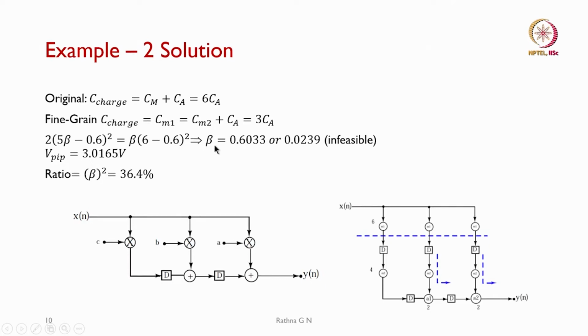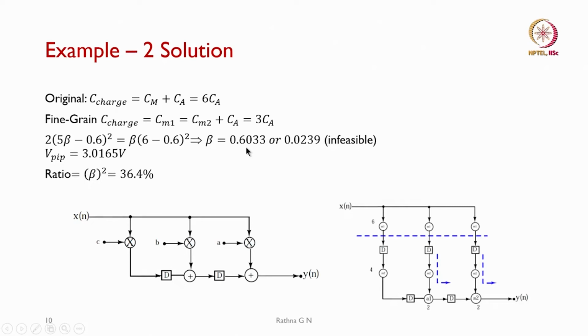Beta will be equal to 0.6033 or 0.0239. Because our threshold voltage is 0.6 volts, the second value is much below that threshold, so the transistor will not be switching on. So we say that this is infeasible.